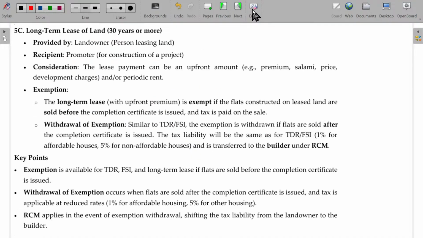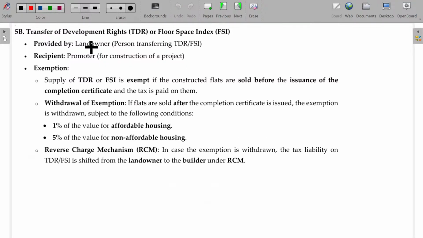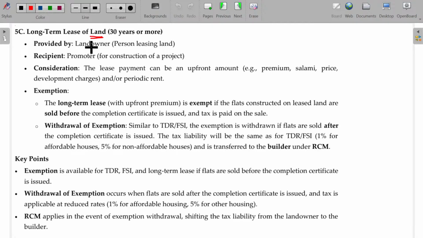5B and 5C, long-term lease of land. All these things are related to immovable property, or some other property other than immovable property we have seen. That's why I group all of this in a single shot. Long-term lease of land, 30 years or more, provided by the landowner, the person leasing the land, and the recipient being the promoter.